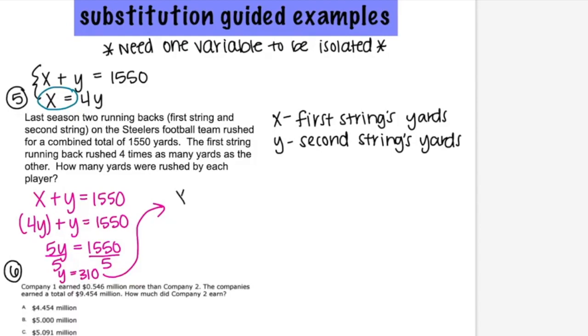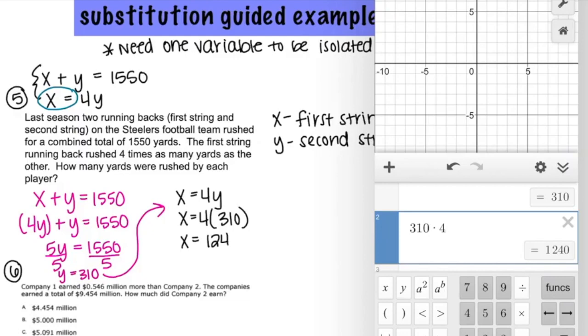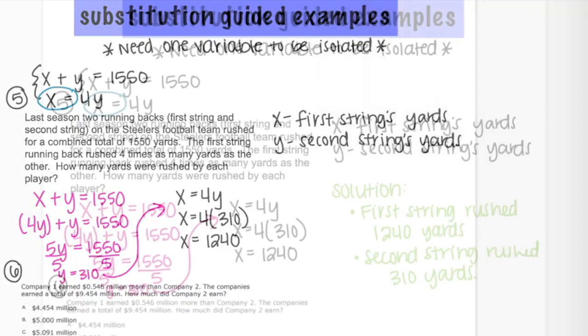All right, I'm going to plug it into the second one because it says x equals, and now I want to know x. So if x is 4 times y, and now I know that y is equal to 310, then I can solve this. So let's see, that would be 1240, I believe. Let's see. Yep, 1240.